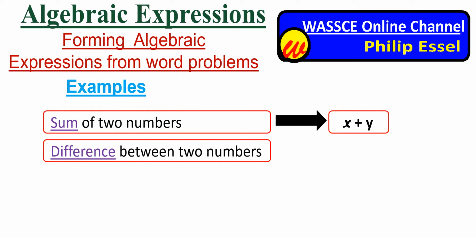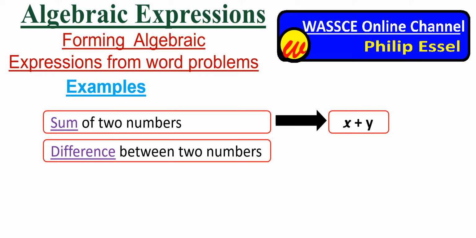Let's look at the second example. In this example, we have been given the word expression difference between two numbers. Another name for the word difference is minus. So the difference between two numbers simply means one number minus another number.